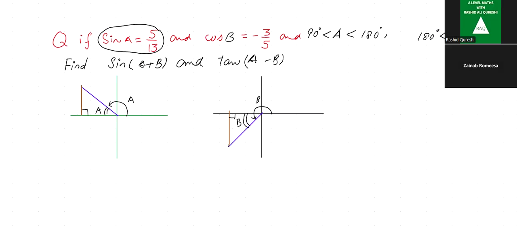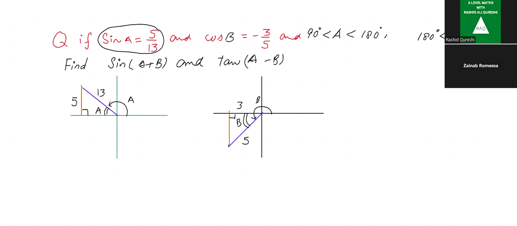Sine of A means perpendicular upon hypotenuse. So 5 is the perpendicular, and the hypotenuse is this one, 13. In the case of B, cos is base upon hypotenuse, that is 3 upon 5. Now we have to find the unknown values.